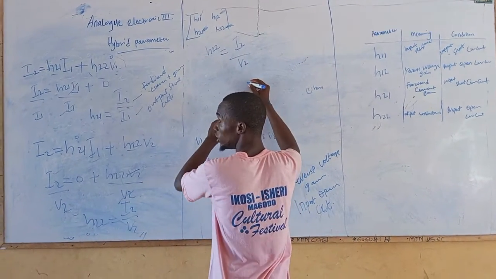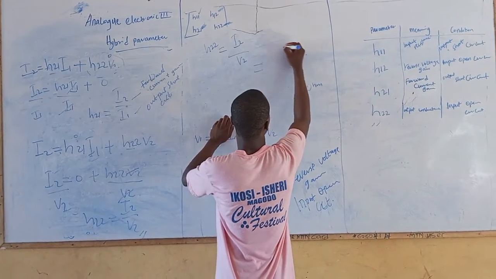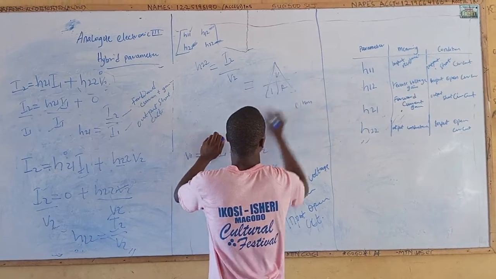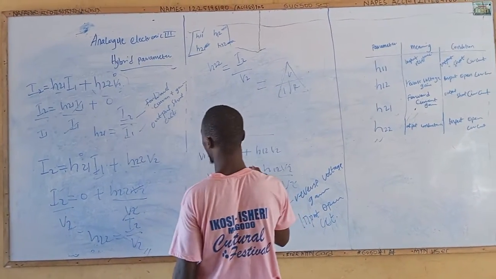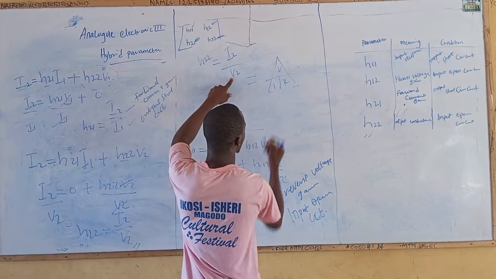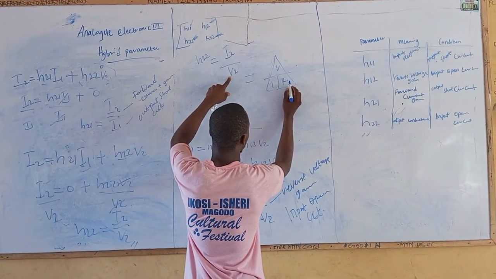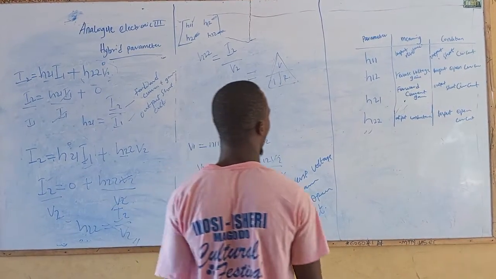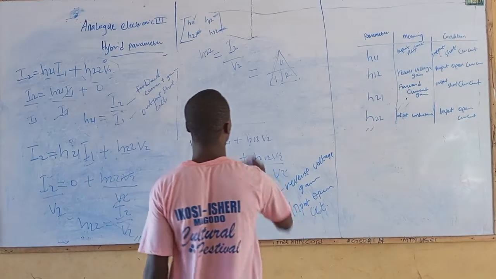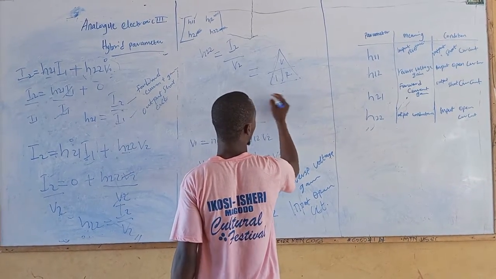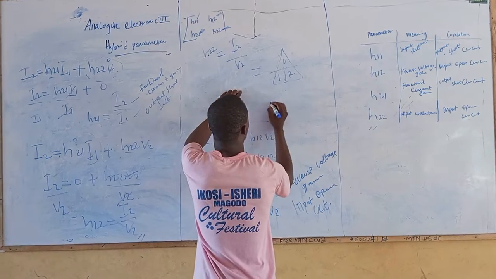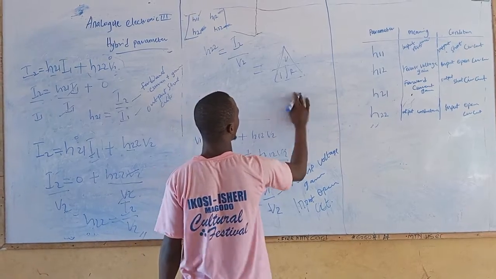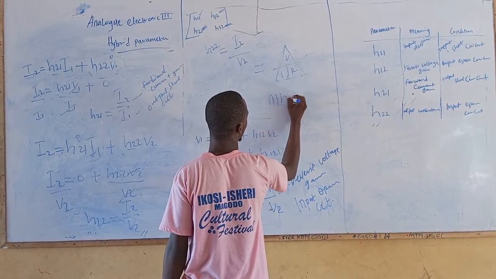And I2 over V2, back to our Ohm's law triangle with V, I, R: we can see we have I over V, the inverse of resistance. The inverse of resistance is conductance. Our conductance is measured in mhos.